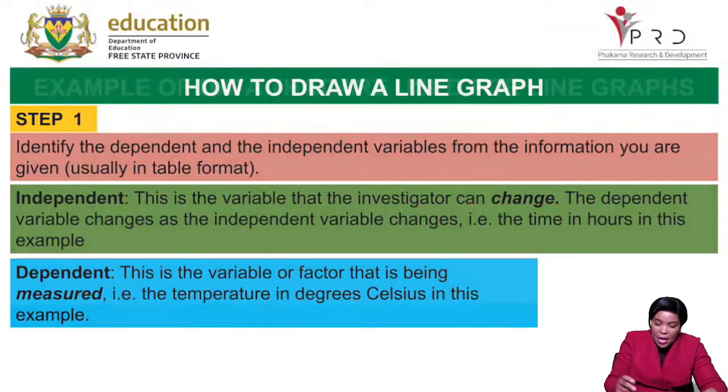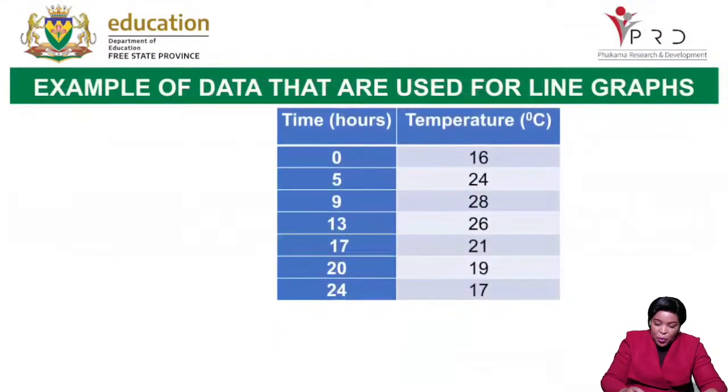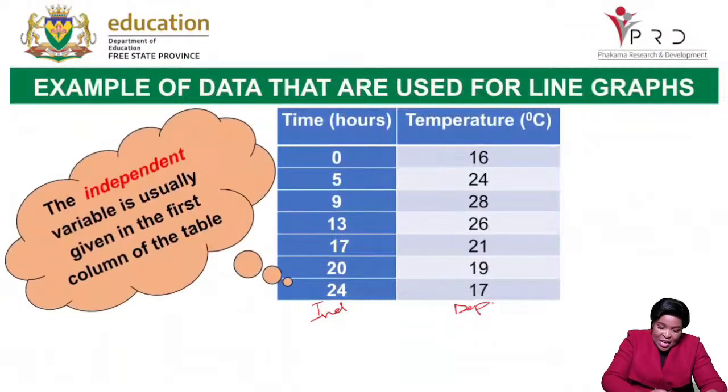So we will look at the example further. Take a look at this. We were saying time in hours is our independent variable, and temperature is our dependent variable. The independent variable is usually given in the first column. Do you see this word usually? It does not say always.